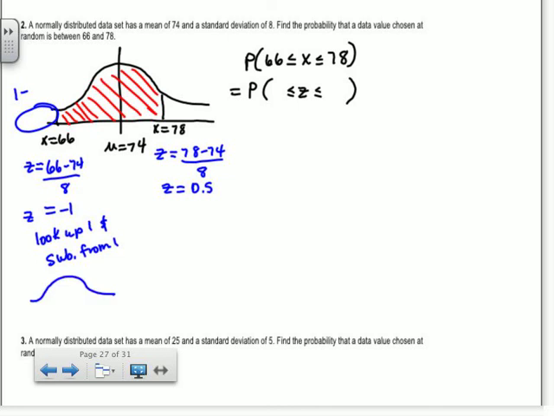Does that make sense? Because that would be the same as if I found 1 over here. So I'm going to look at my value from 1 and then subtract from 1 to get this piece right there. We've done that before. What did we get before? Yeah, 0.1587.